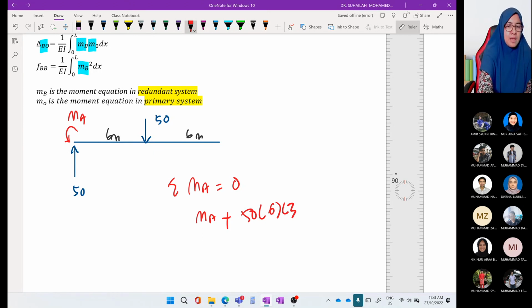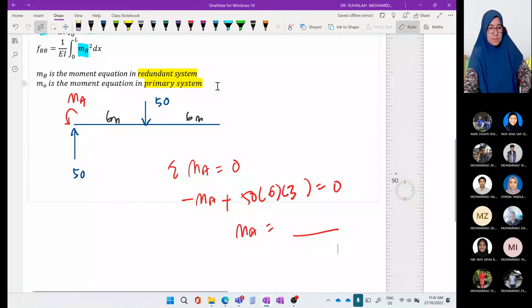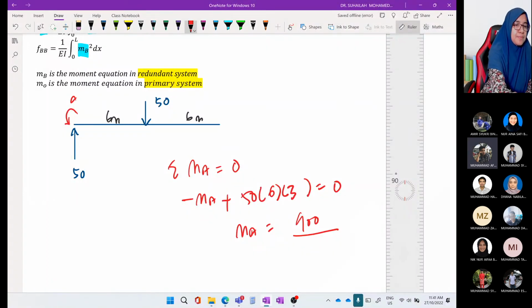So MA is equal to 50 times 6 times 3, which is 900.